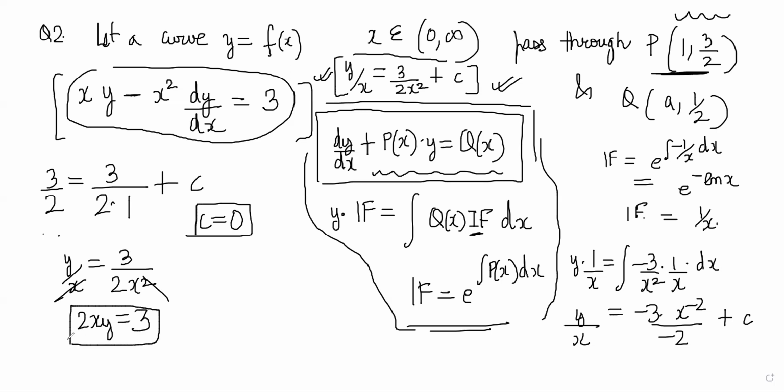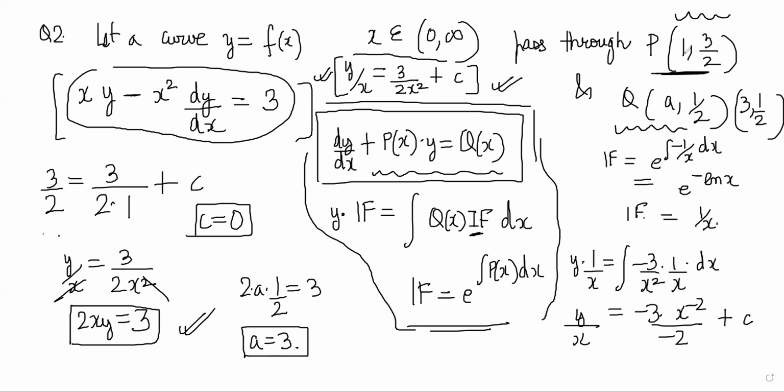That is my curve. And now, because Q is also a point on the curve, you can say 2a times y, which is half, is equal to 3. So a is equal to 3. So the point Q we have gotten is 3 comma half. And now by the distance formula, you can say it is 4 plus 1 square. So PQ square is equal to 5.